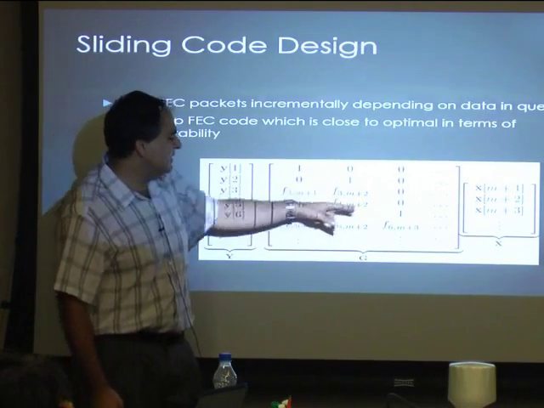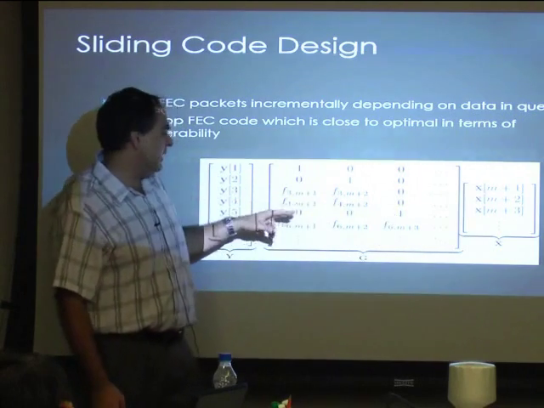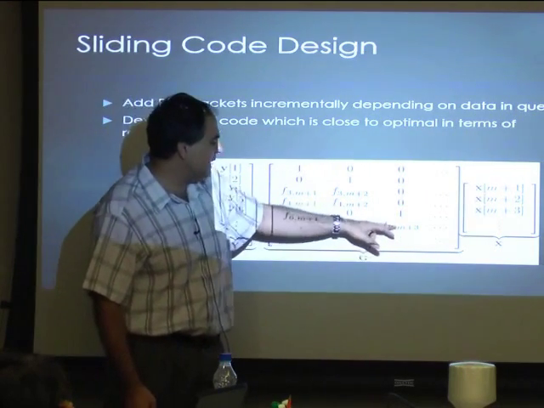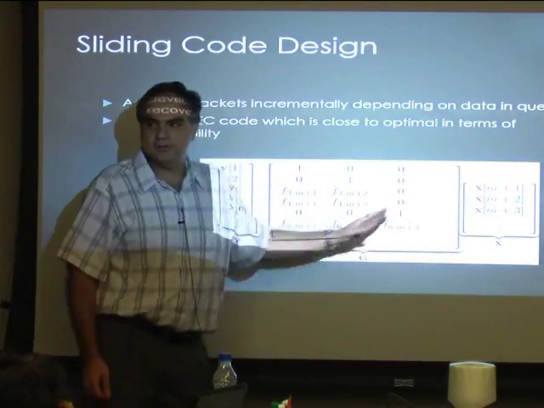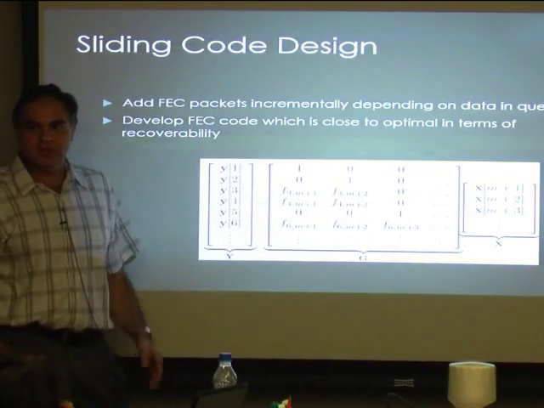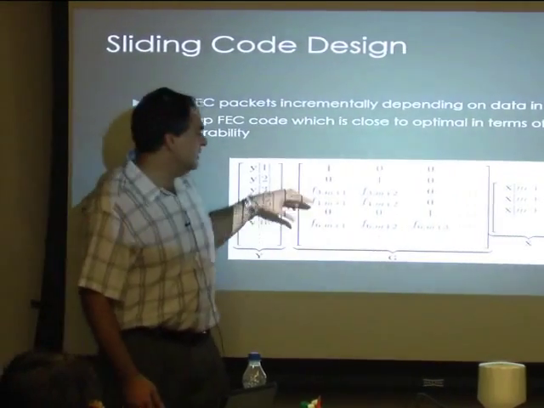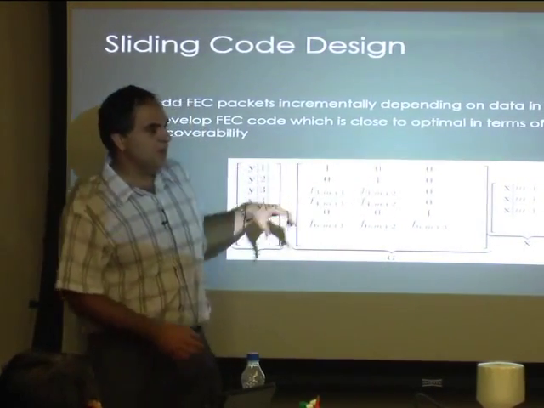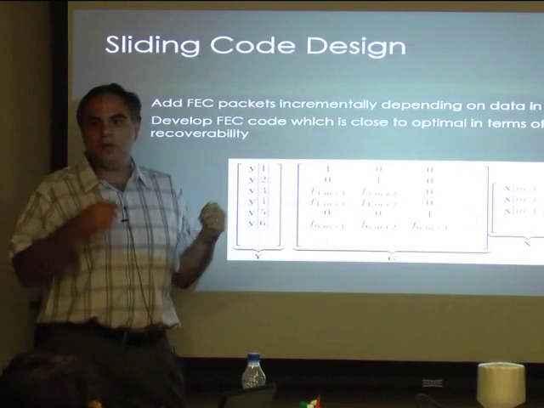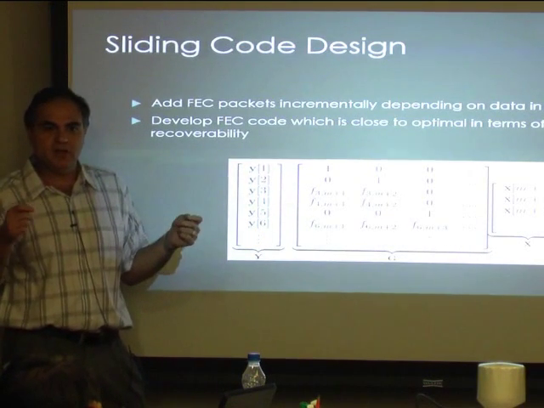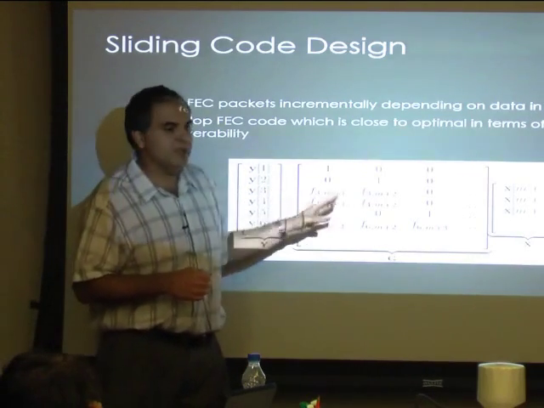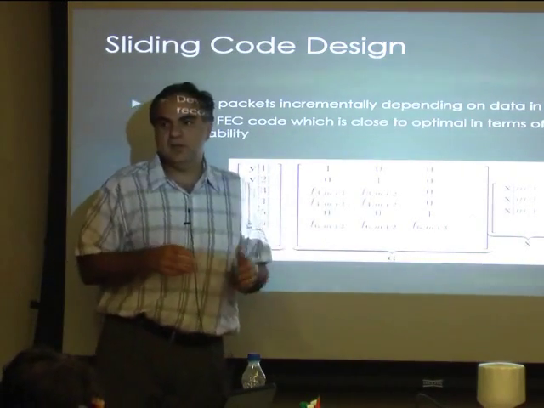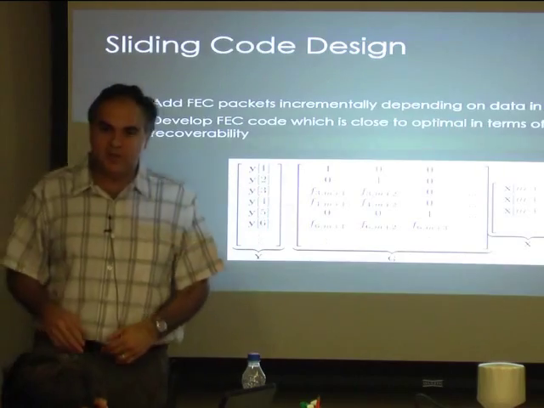And now you decide to send a new original packet, right? And if you decide to send an FEC packet, you just keep growing your code. Does that make sense? Essentially the FEC code encompasses all packets that are in the unacknowledged queue, okay? So this is a sliding coding structure, which is not block-based.